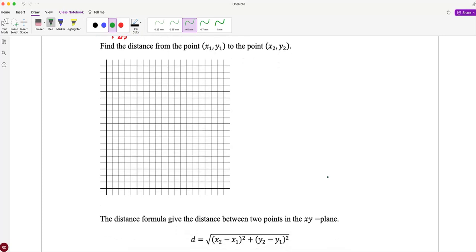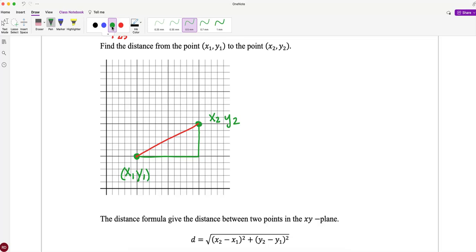Now, find the distance from the point x1, y1 to the point x2, y2. So let's just pick a point here, and I'm going to call this point x1, y1. I want to pick another point, and I'm going to call this point x2, y2. I want to find the distance between these 2 points, so I want to find the distance of that red line.